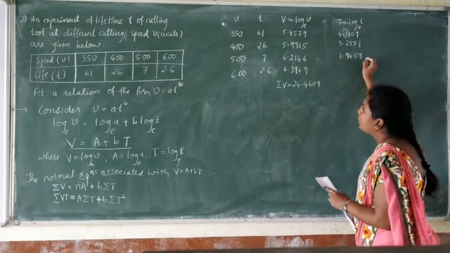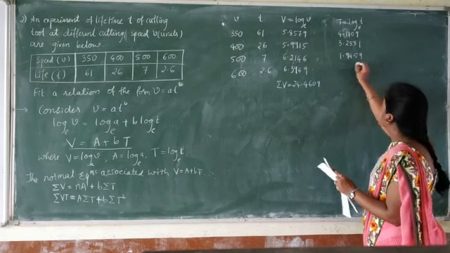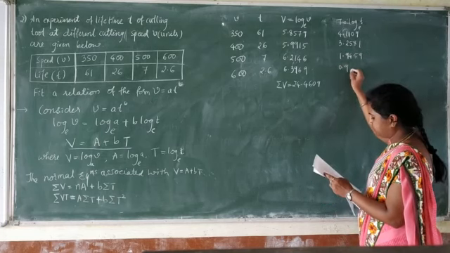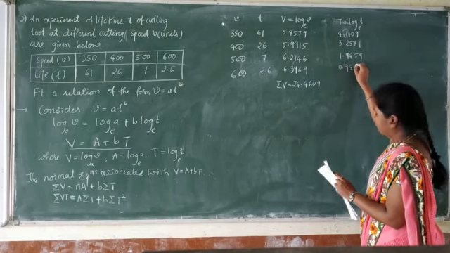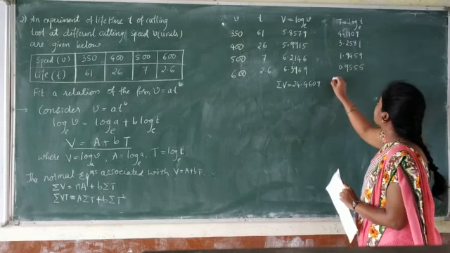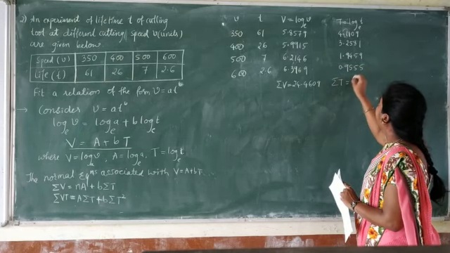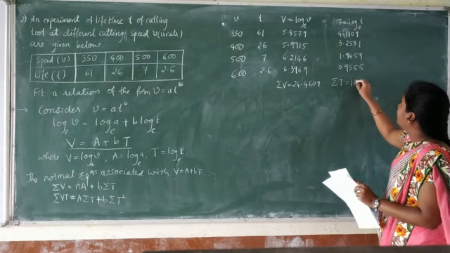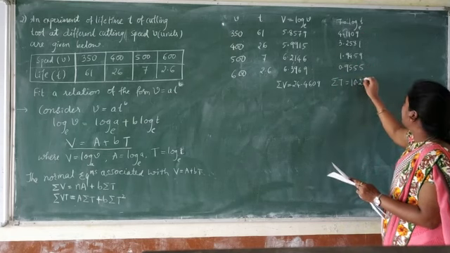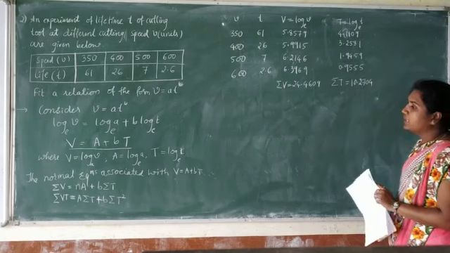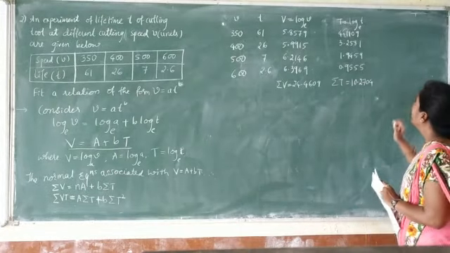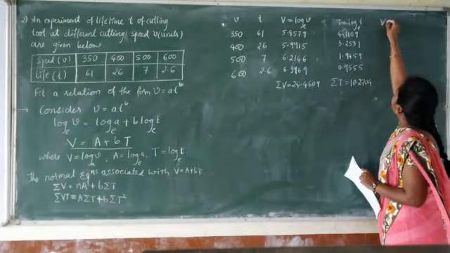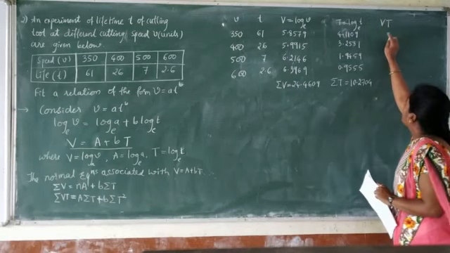Next, log of 2.6 is 0.9555. Next, summation of T: adding all four values, we get 10.2704. Next, we need VT, which is multiplying capital V and capital T values.